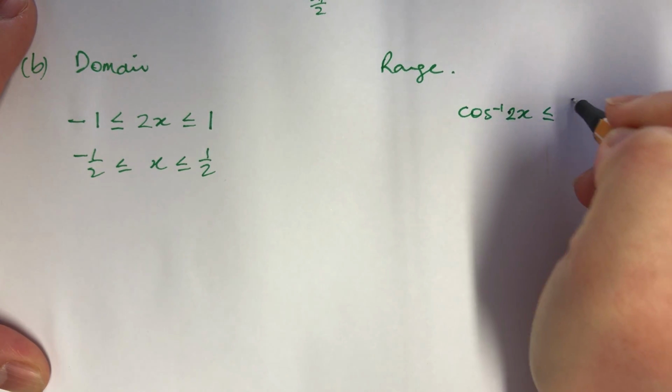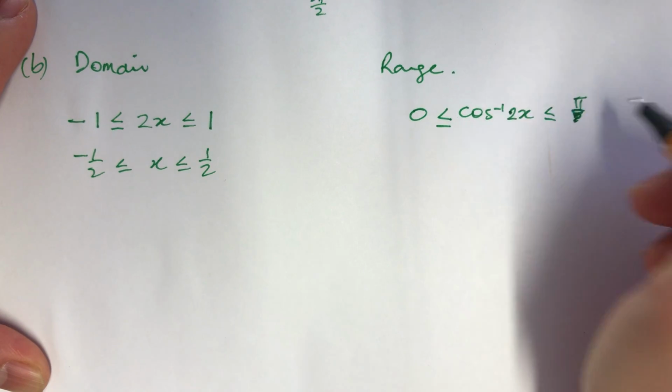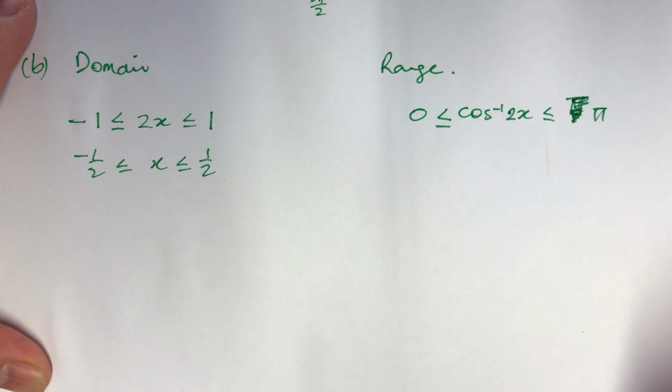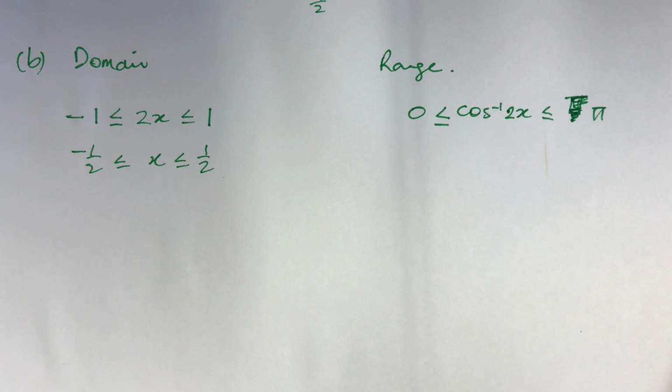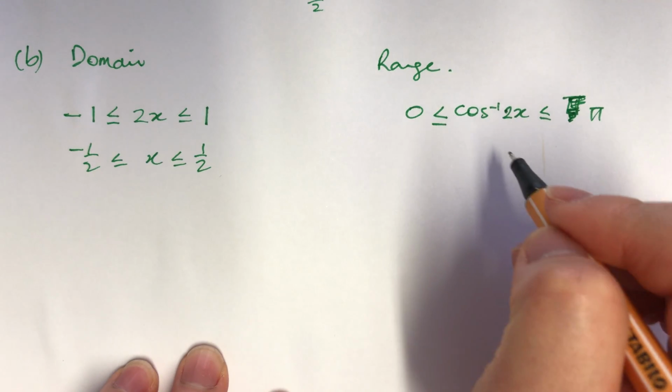The range will be my output. Be careful, because I'm going to write it again. It'll go from 0 to pi for inverse cosine, isn't it? So be very, very careful.